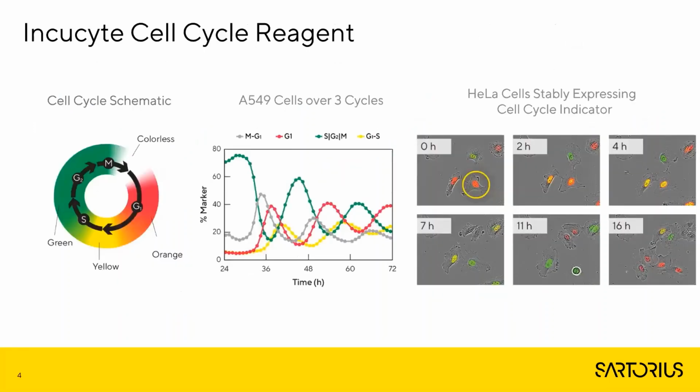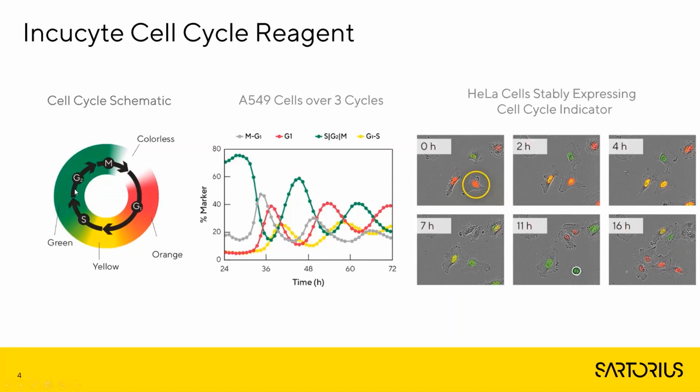Quickly transitioning to how we utilize our Incucyte cell cycle reagent, just a very brief introduction to the reagent first. The schematic at left shows you how the sensor in this case changes as the cell goes through the cell cycle: in G1, an orange phase, through the G1/S transition through a yellow phase, and as it moves through the S/G2/M phase it is in green fluorescence.